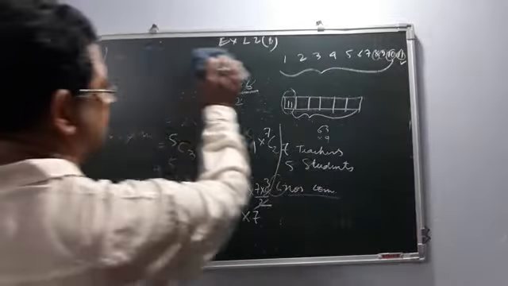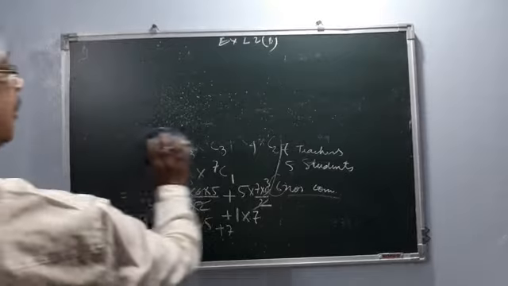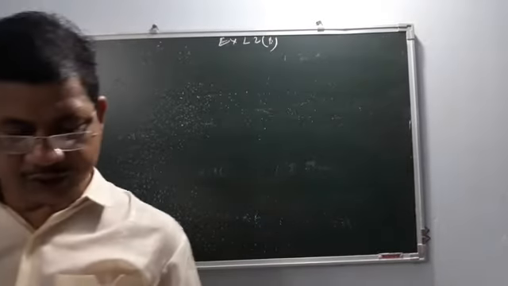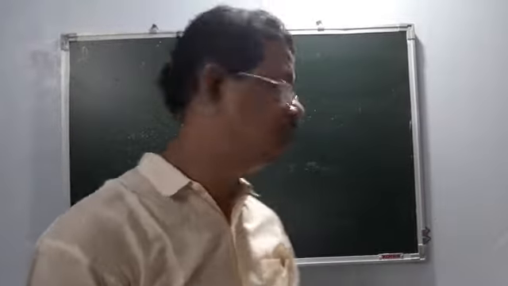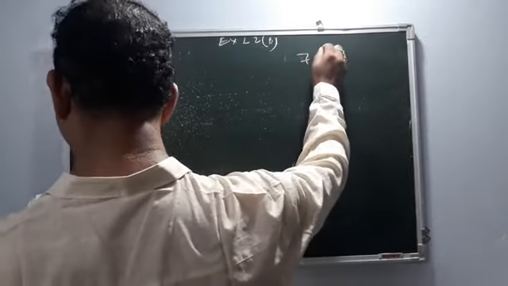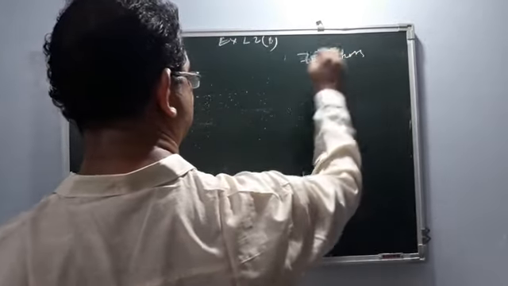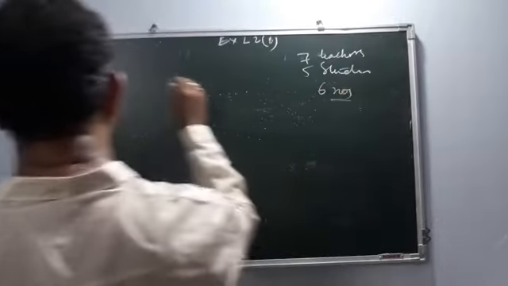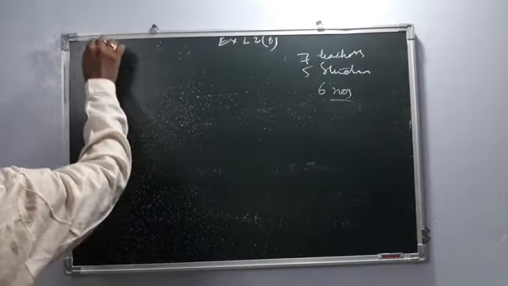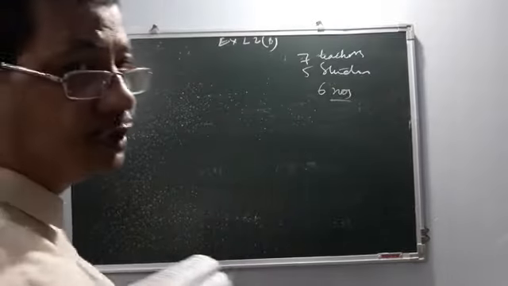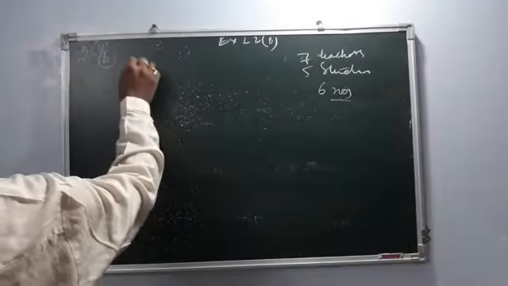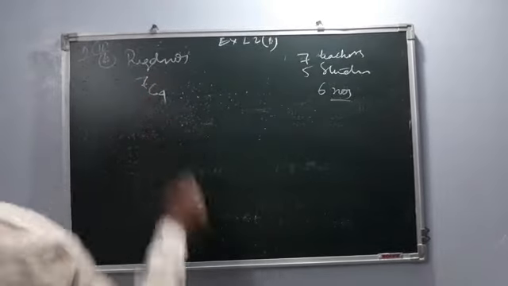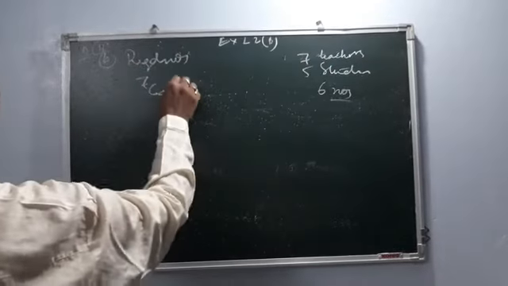Next, we do part 3 of question 9. It says that at most 4 teachers should be there. Our 7 teachers, 5 students, committee of 6 members. If we take at most 4 teachers, maximum 4 teachers, then the required number will be 7C4, out of 7 we have taken 4.